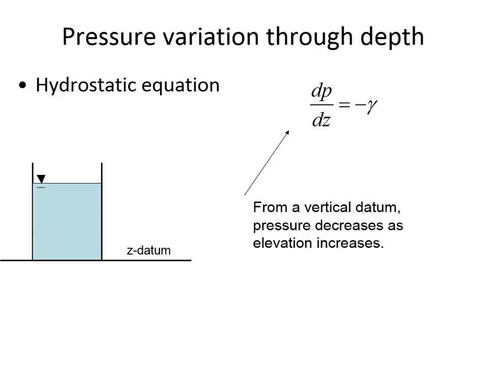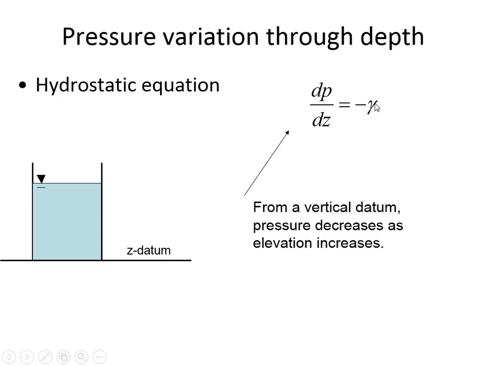The hydrostatic equation is the relationship between depth and pressure. So dP/dz. Pressure is the variable P, and elevation is the variable Z. And so what it says is here we're going to use the bottom of some tank as our elevation datum. And as we go up through the liquid, the pressure decreases. That's why there's the negative sign here in the expression.